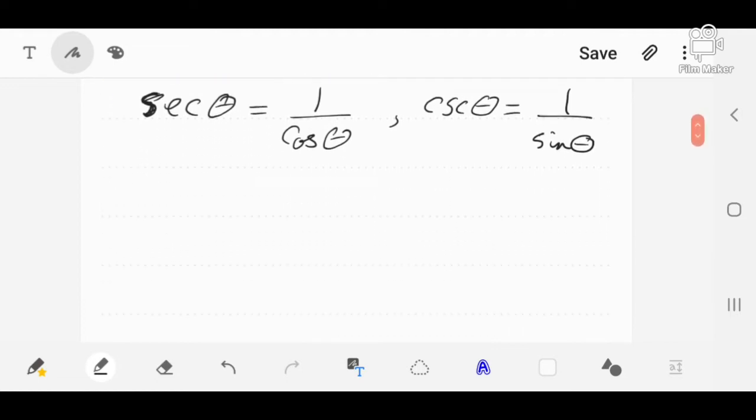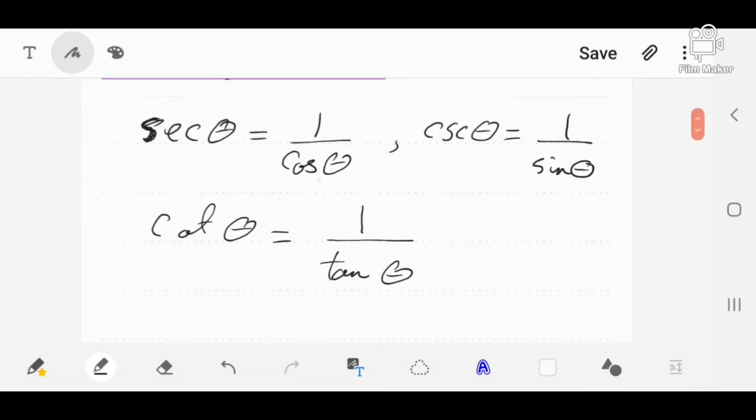Same thing for tan and cotan. Cotan theta will be equal to 1 over tan theta. And of course, same thing: I can write cosine as 1 over secant, sine as 1 over cosecant, and tan as 1 over cotan.